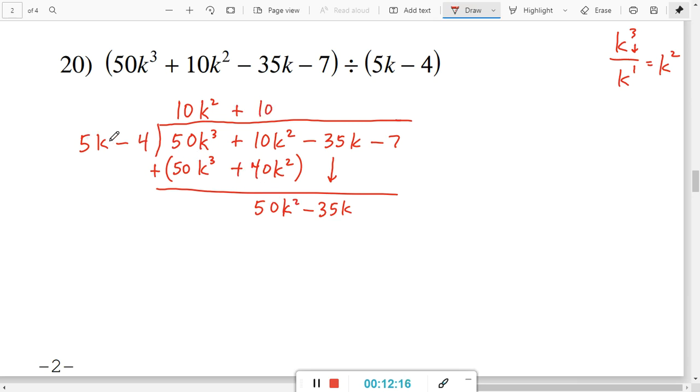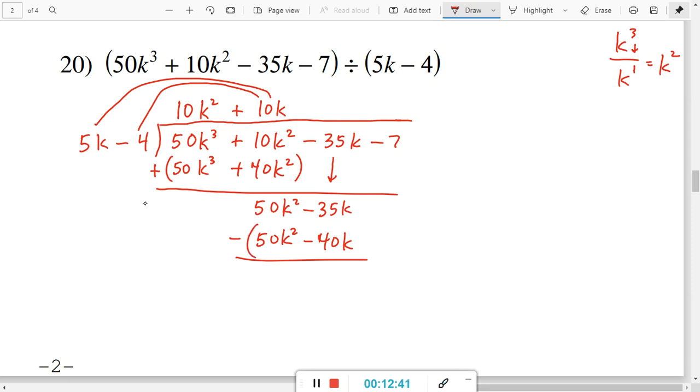K squared divided by k is just k. All right, and now we distribute this to this right here. 10k times 5k, that's 50k squared. 10k times negative 4 is negative 40k. Okay, subtract this whole thing.